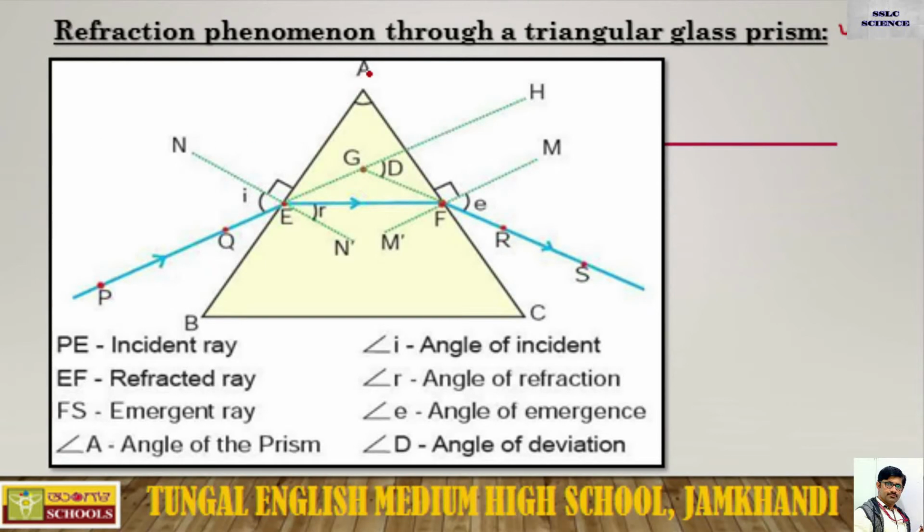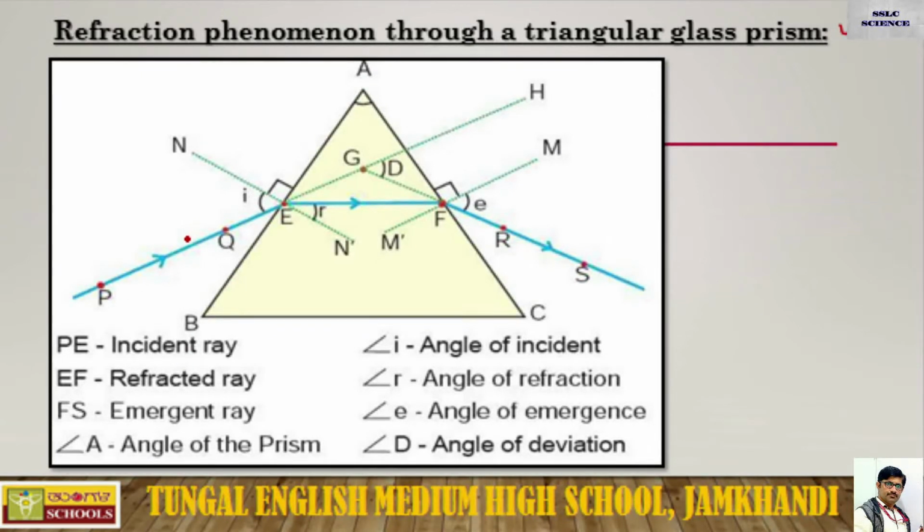So let us consider a triangular prism which has the base A, B, C. Assume we are having the triangular prism with the vertices A, B, C respectively. Here PE is the incident ray which is going to fall on the surface AB.